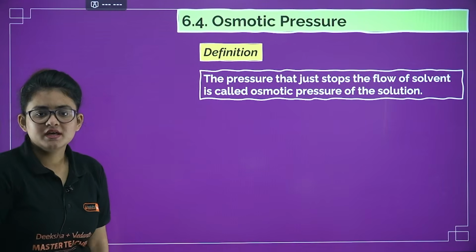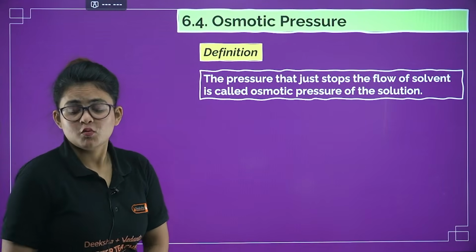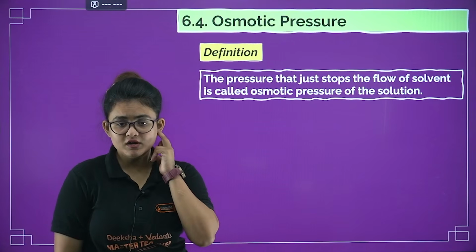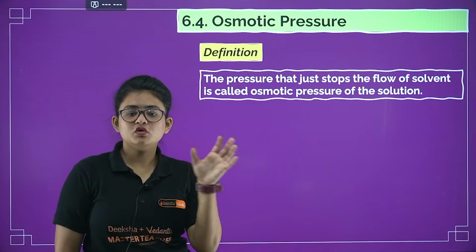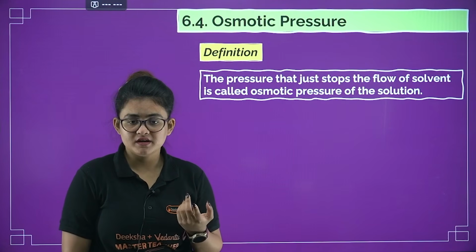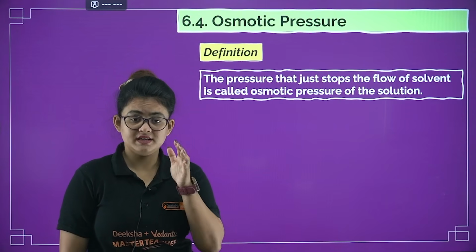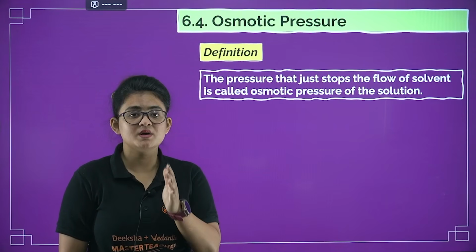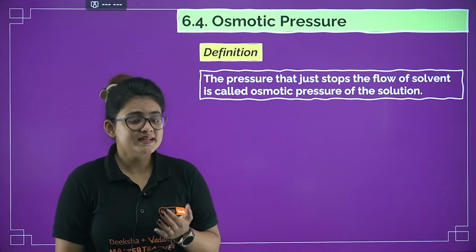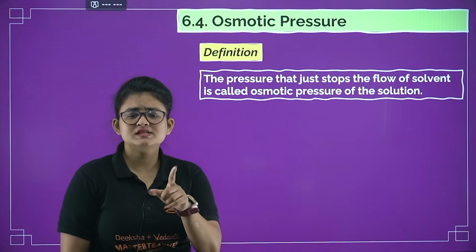Osmotic pressure. Okay, what is osmosis? At first, understand that osmosis is basically when two different solutions are separated, one of higher concentration and one of lower concentration. They are separated by a semi-permeable membrane. What is a semi-permeable membrane? It allows only the solvent.